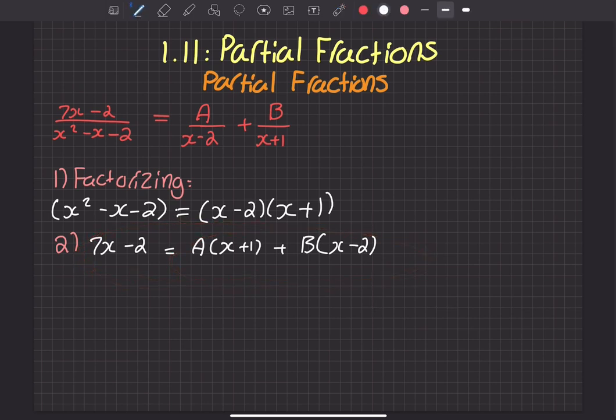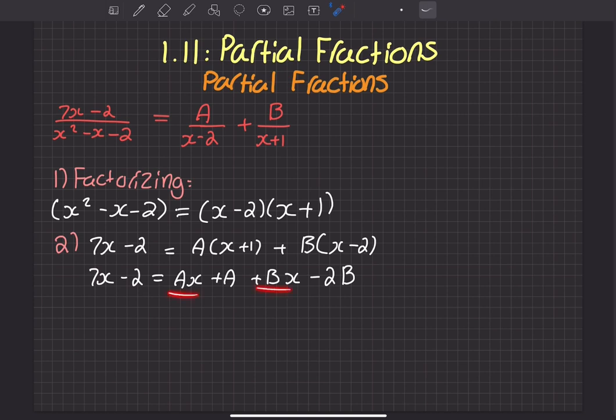There are many ways to solve this from here, and I'm just going to go over the method which I usually use. The first thing is expanding. So 7x minus 2 equals Ax plus A plus Bx minus 2B, right? So you just expand. These are all constants, there are no x's. What we can say is that this constant plus this constant equals minus 2.